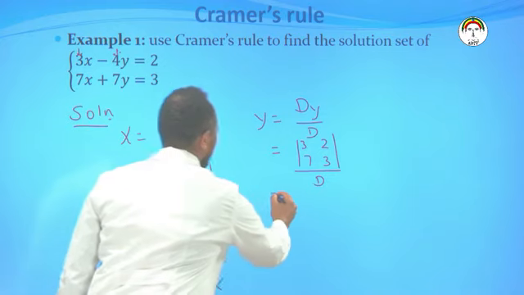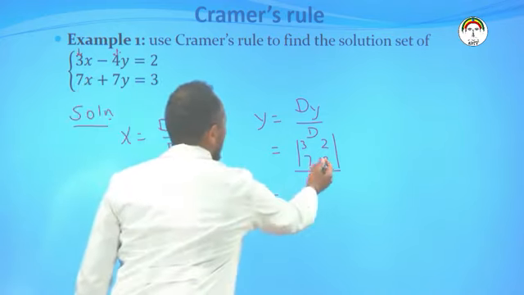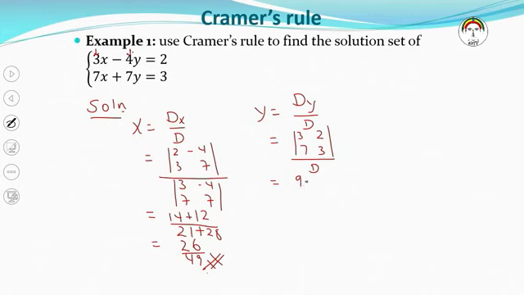So this result will be 3 times 3, which is 9, minus 7 times 2, which is 14, divided by the determinant of the coefficient matrix, which is 49.